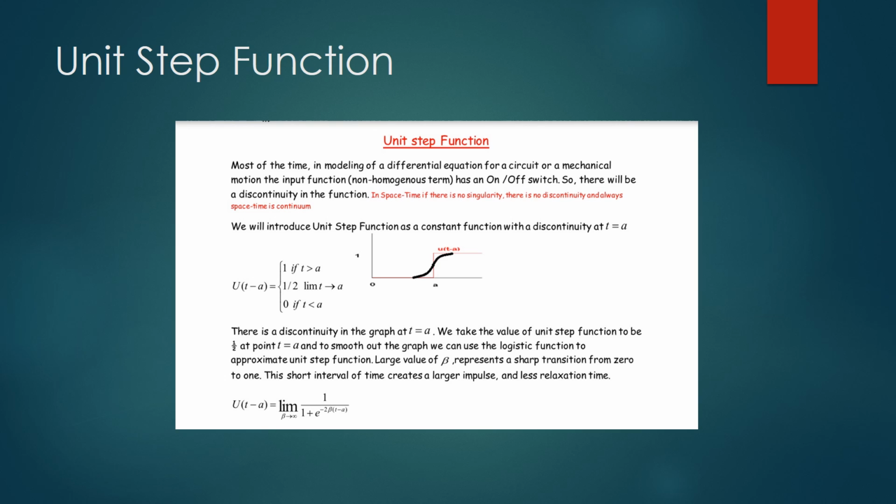And when t is smaller than a, the value of the unit step function is equal to 0. The rule basically changes when time is equal to some value a, so you can see the change.